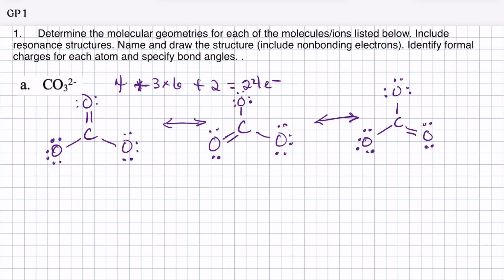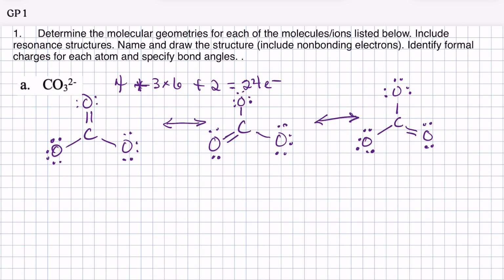What this means is we have resonance structures that show that each of these bonds is equivalent. The reality is that in nature, the real molecule is a weighted average of all of the resonance structures. So each of the bonds is equivalent when we do the weighted average.